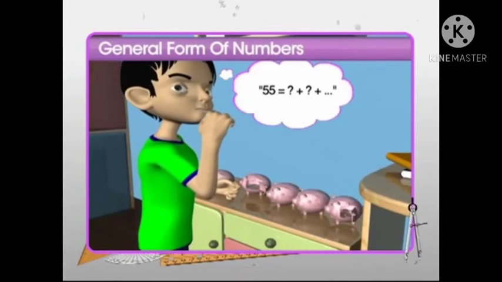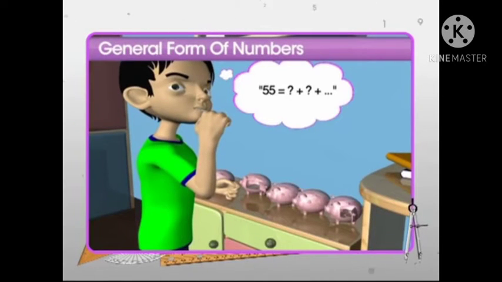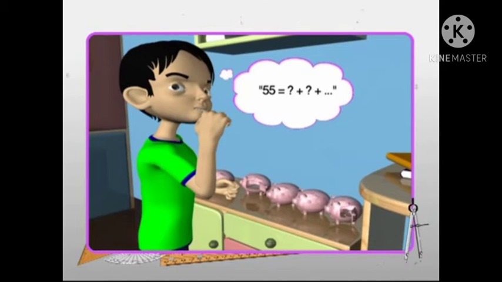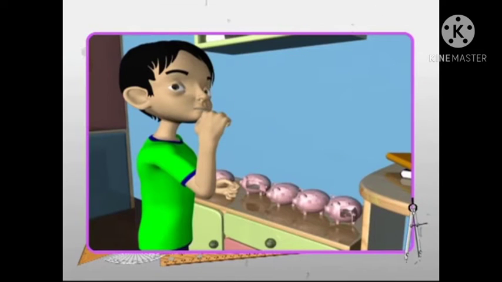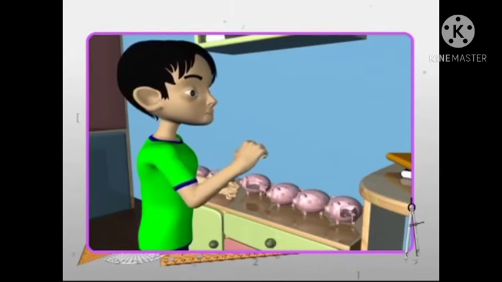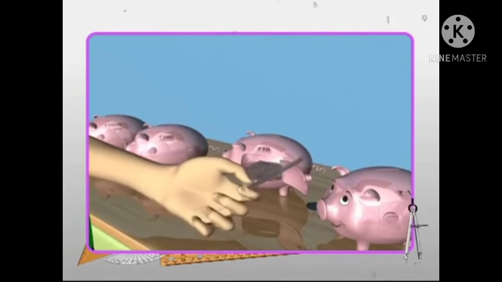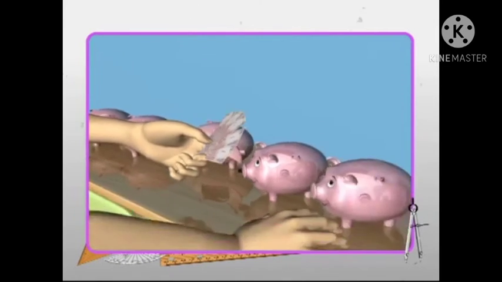Let's see how numbers can be expressed in expanded form. There will be different ways to break up a number. For example, the amount of 55 rupees. Here is one way. Rohan takes out 55 rupees out of his piggy bank as 5 10 rupee notes and 1 5 rupee coin.